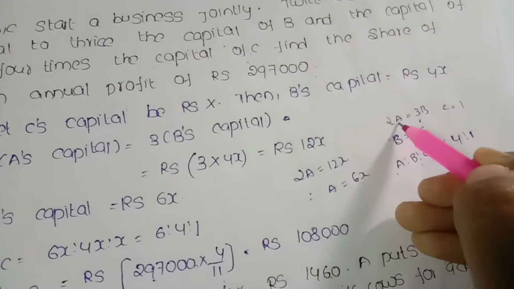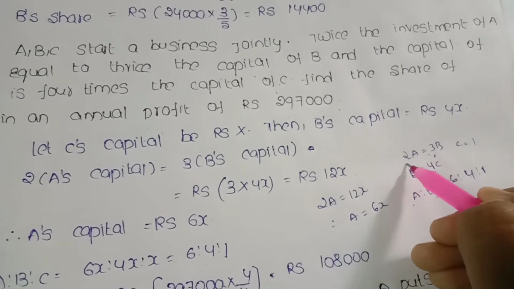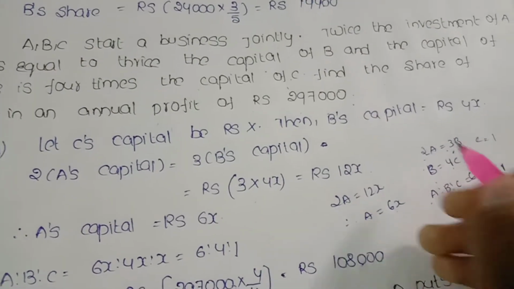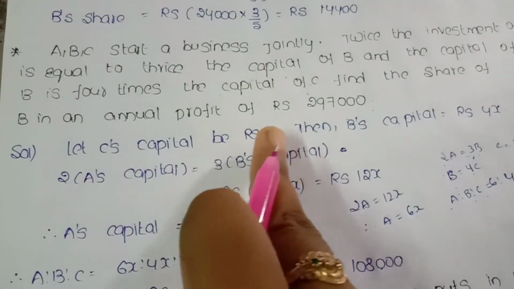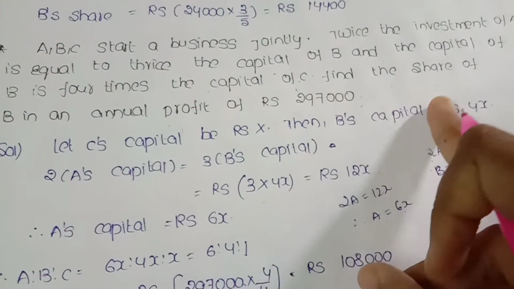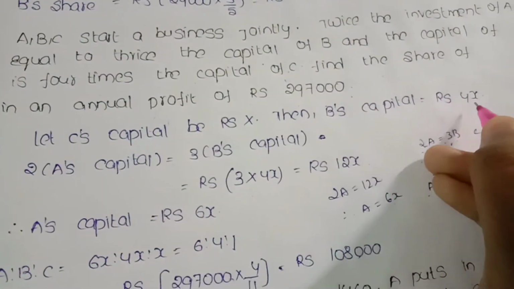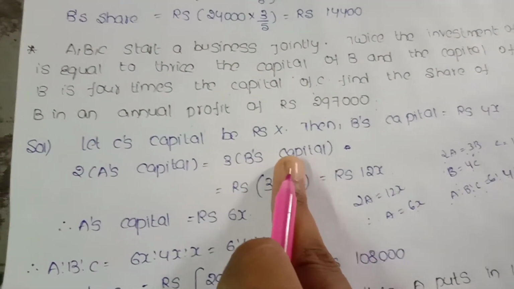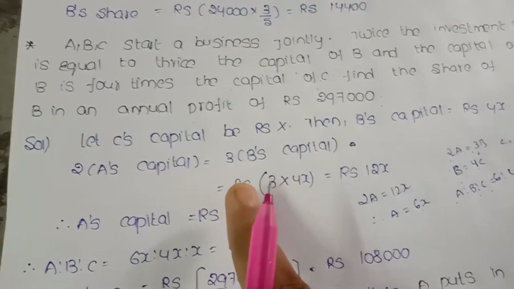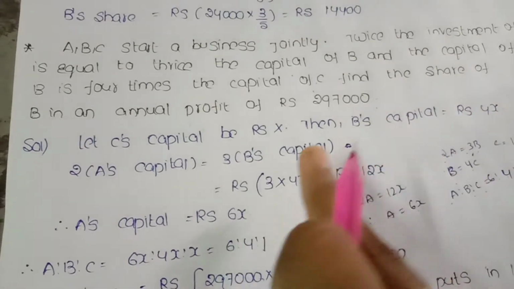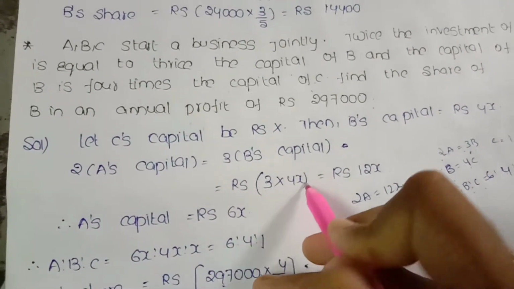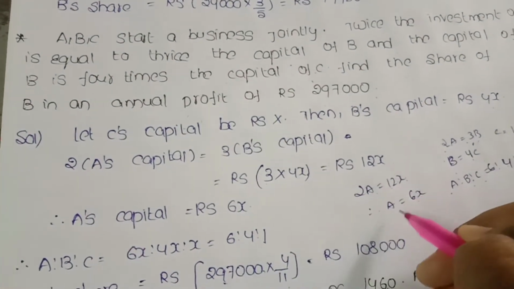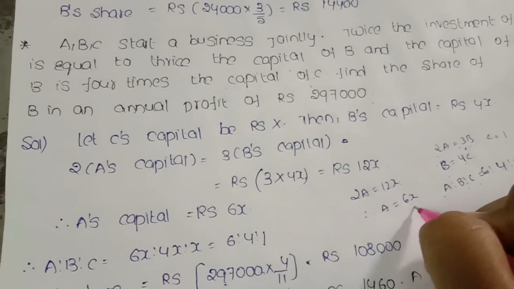Here 2A equals 3B, and B equals 4 times C. Let C's capital be x. Then B's capital is 4x. We know 2A equals 3B, so substitute 4x: 3 into 4x gives 12x. So 2A equals 12x, A equals 6x.